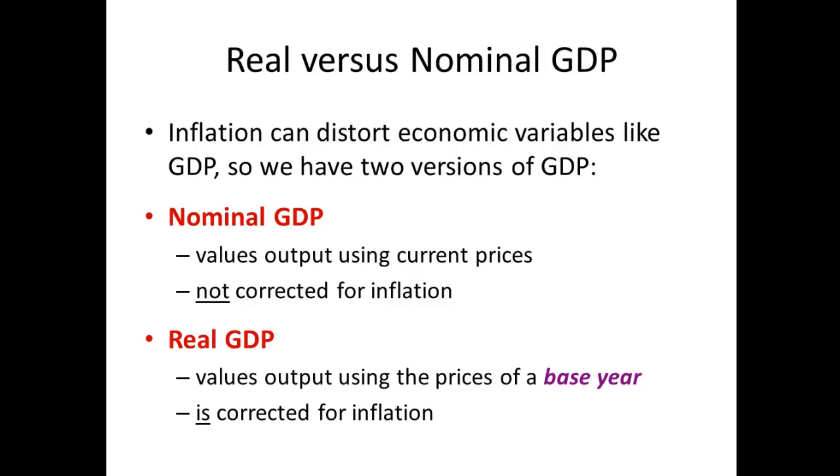So whenever you see a statistic, GDP, interest rate, inflation rate, if you see just that topic, then the figure attached to it is in nominal terms or current terms.